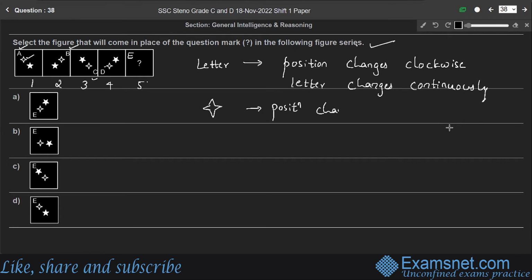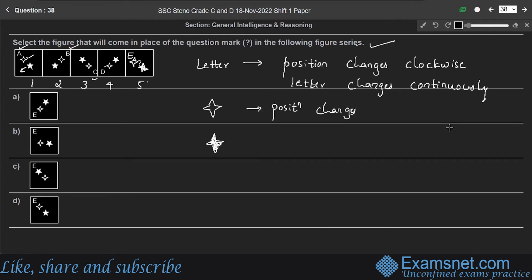In the fifth figure, we have the star mark here, just near E. And when it comes to the shaded star mark, here in the first figure, which was here in this third figure, in the fifth figure it has to be in its original place.